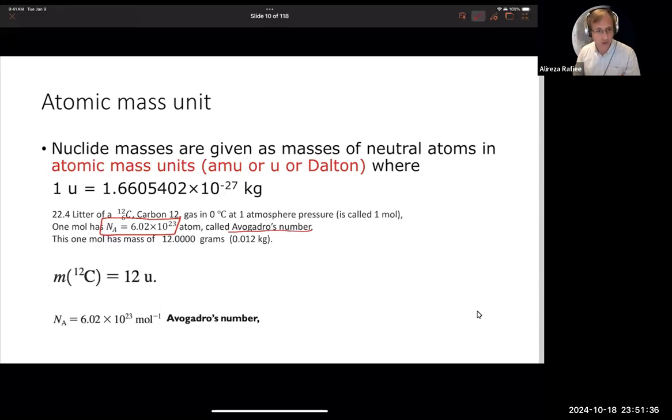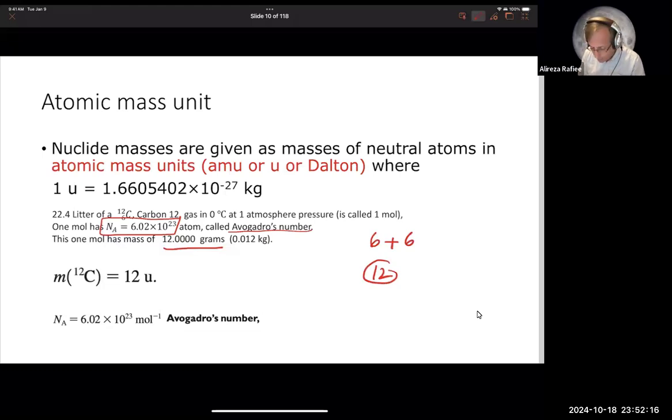If you measure the mass of 1 mole of carbon, which has 6.02 times 10 to the power of 23 atoms in it, then the mass of that 1 mole of carbon would be exactly 12 grams. Okay? And because we know that carbon has 6 protons and 6 neutrons together, if you divide by 12, then you get technically 1 atomic mass of 1 mole of this element to be 1 gram.